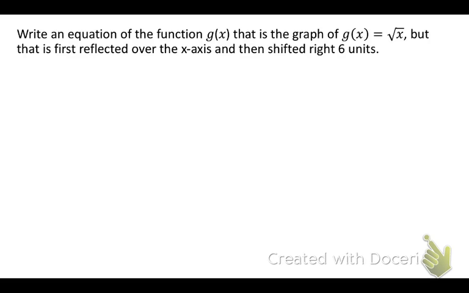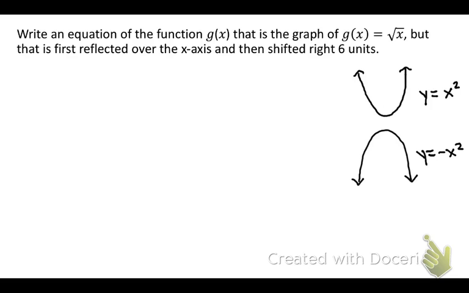So, we haven't talked about reflecting over the x-axis yet, but the example that always sticks in my mind when I talk about reflection over the x-axis, most of this has been drilled into our brains that y equals x squared is a parabola that opens up. Y equals negative x squared is a parabola that opens down. Notice that that negative was put in the front. That's what's going to flip this function over the x-axis.